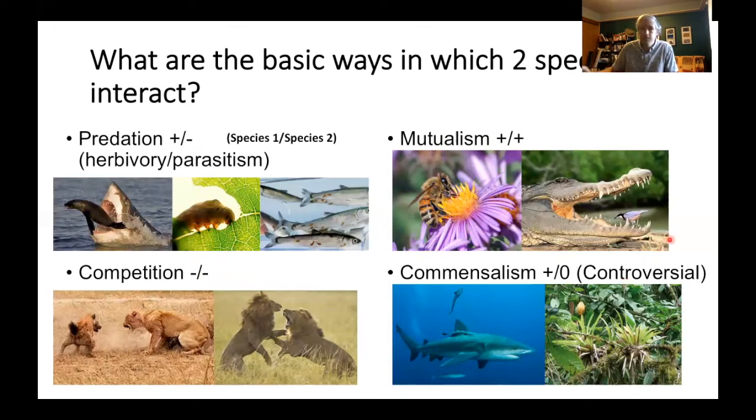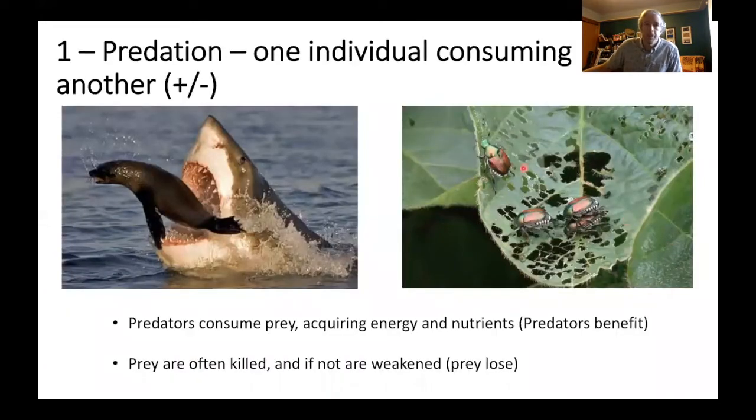So first of all, predation. And in predation, we're talking about one individual or one species consuming another. So when this happens, the predator, or the consumer, consumes the prey, which is the one being eaten. The predators therefore acquire energy and nutrients. The predators therefore benefit.